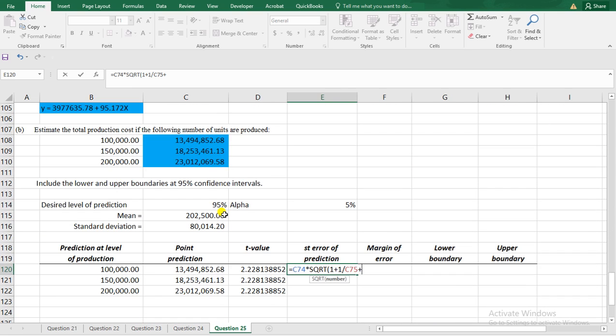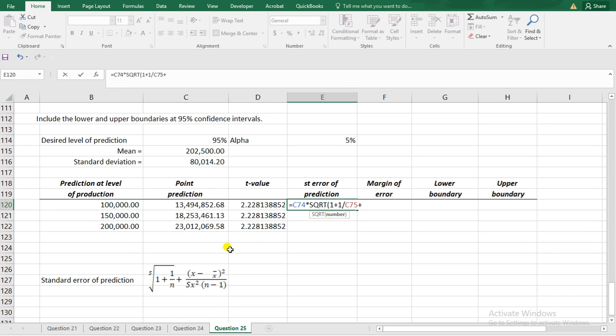plus what? Plus, into bracket, my actual input, which here is 100,000, minus our mean, which is 202,500. This one is squared, so raised to power 2. I'm going to divide this by what?